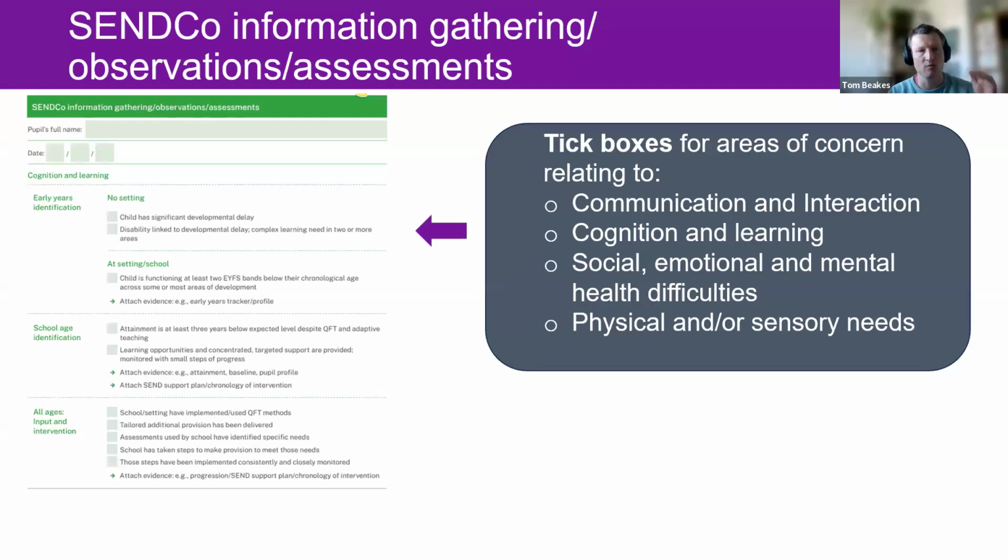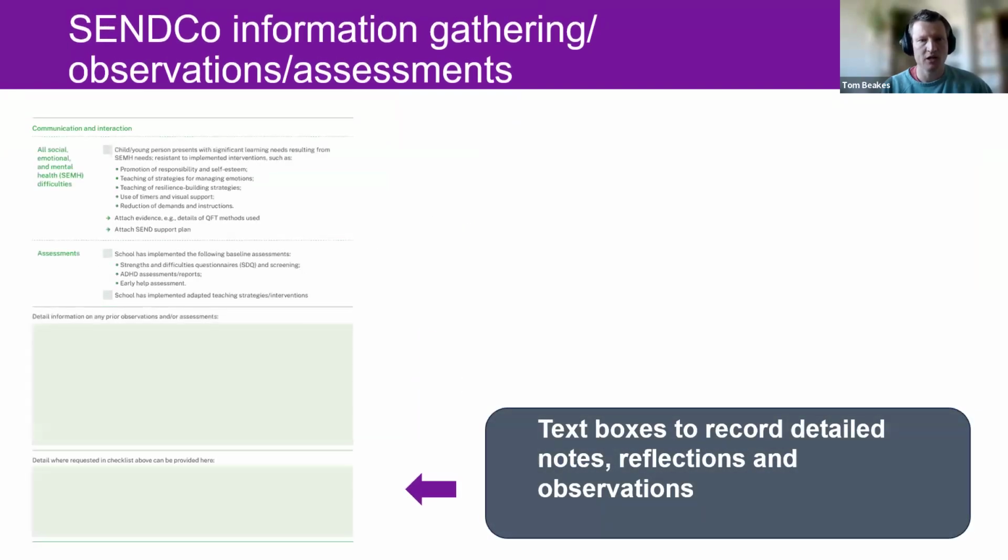So if you have your child moving up to a different stage of the school, this form can also be used by the SENCO to consolidate and augment any other information gathered so far, and to identify any additional assessments that may be required. So there's tick boxes for all the areas of concern.